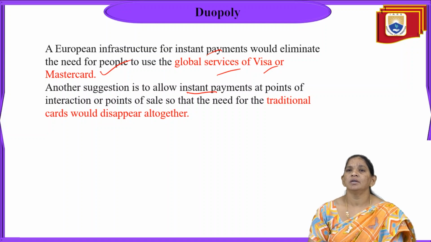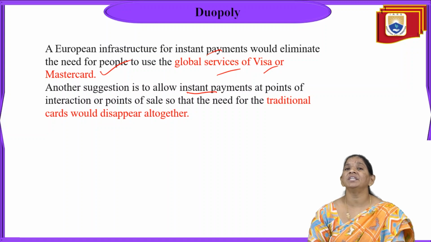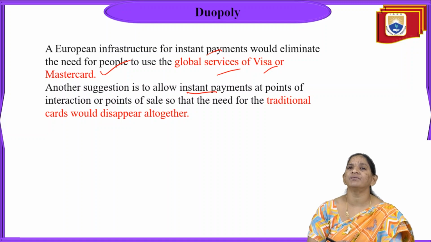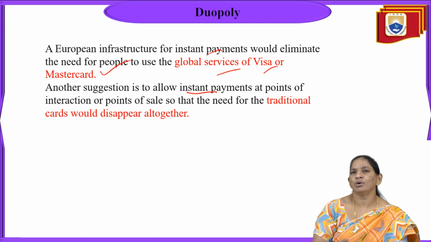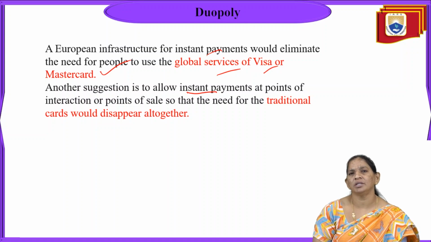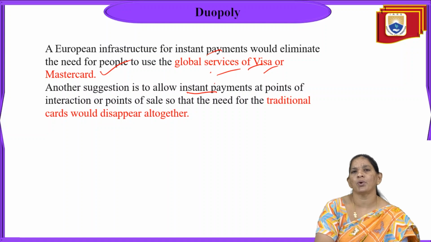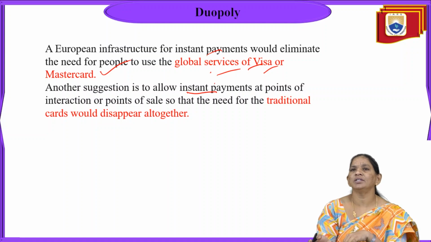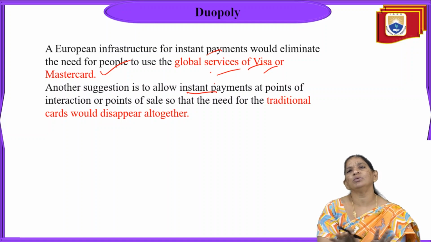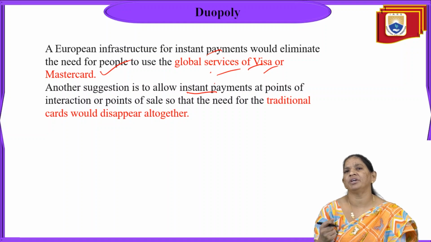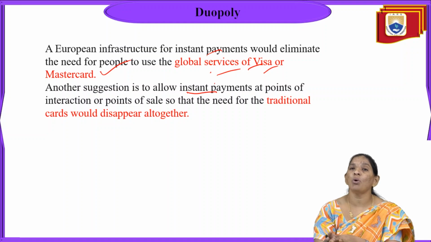But after these two cards came, traditional use of cards was required. Nowadays we see a lot of Google Pay and other pay apps where we can do regular transactions. But Visa and Mastercard came only for the instant payment point, and after that these two disappeared, and now traditionally we have Google Pay, PhonePe and others which do all sorts of services.